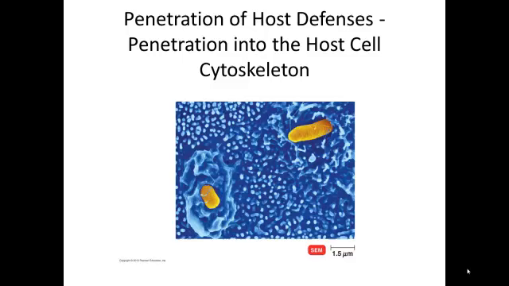The host cell kind of forms a nice little extension that looks just like a pedestal. The E. coli sits on top of it like a king on a hill and causes death and destruction all around. This is a case of the pathogen talking to the host cell and basically confusing it into thinking that it's something else. So, interesting stuff. That's about as far as we're going to go with that one for this class.